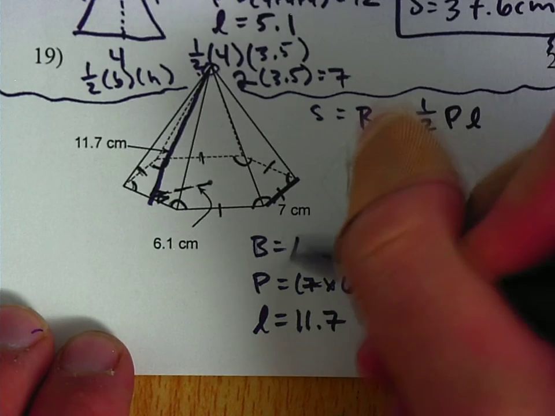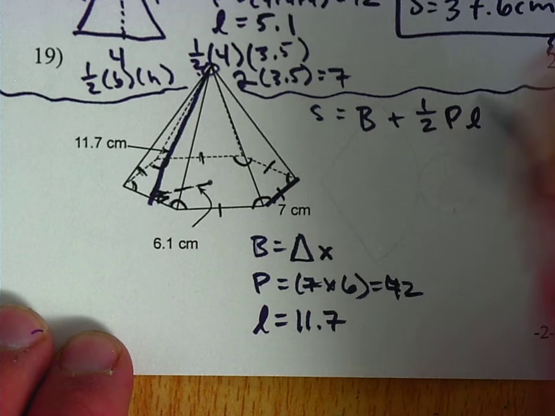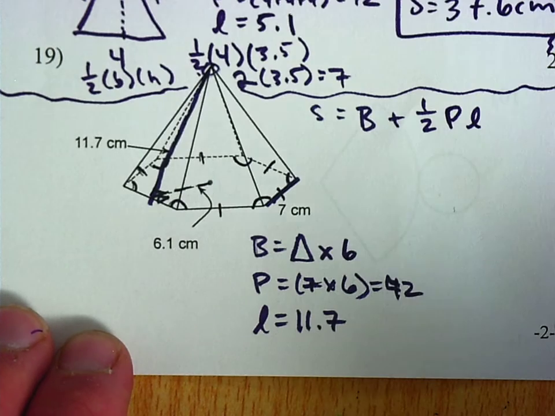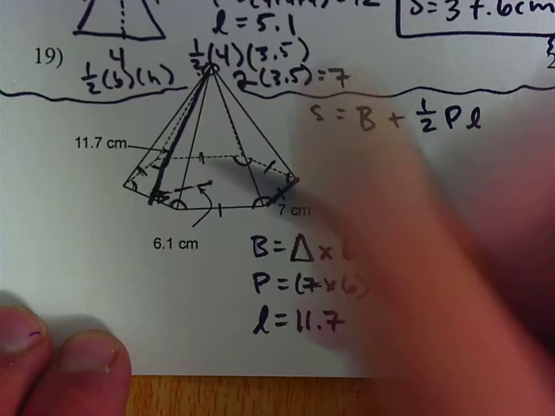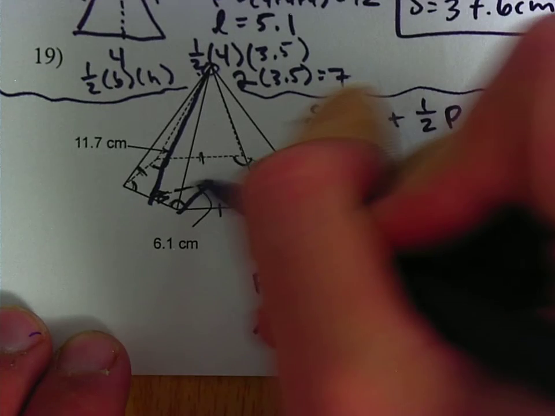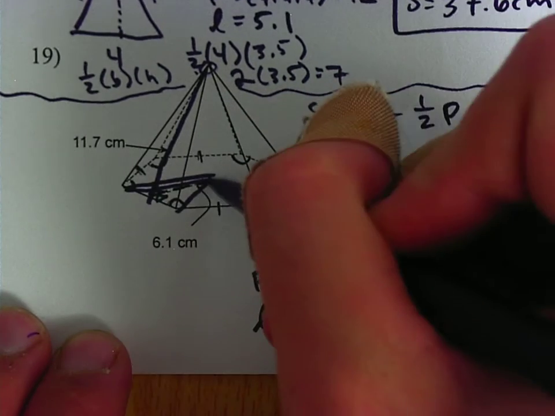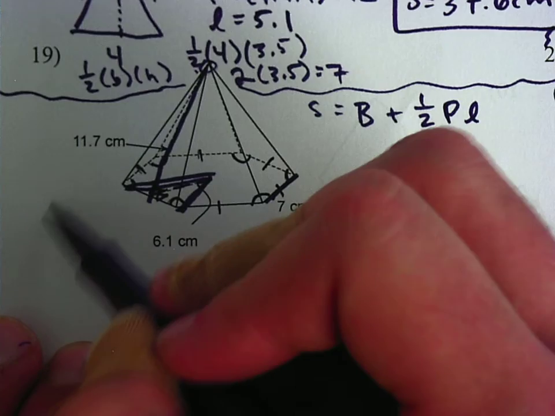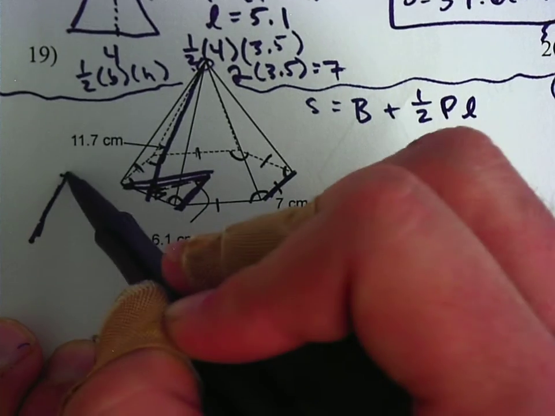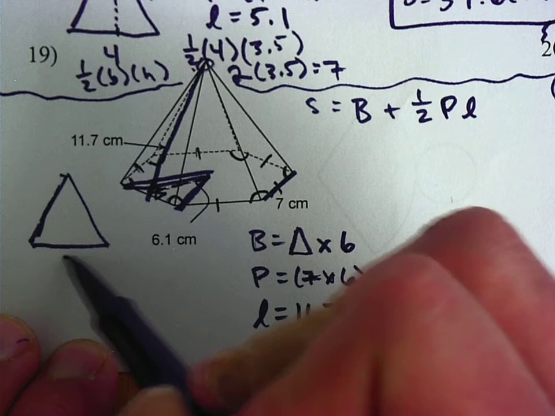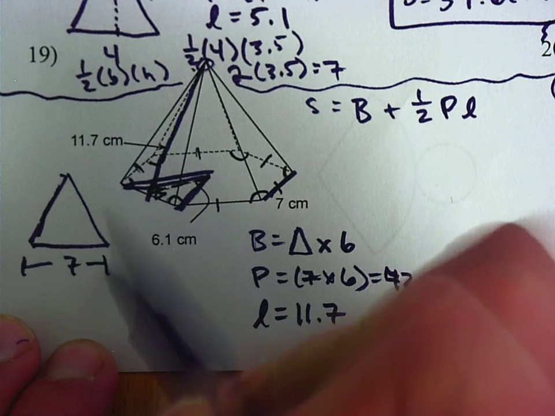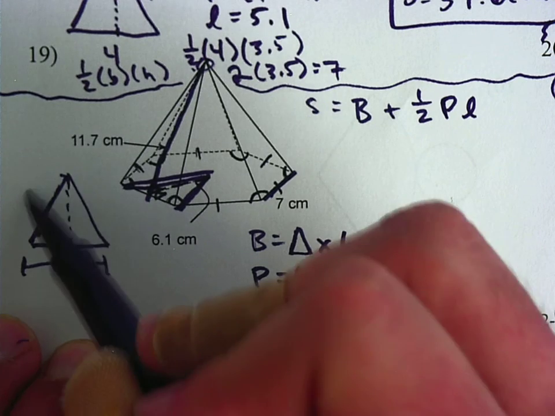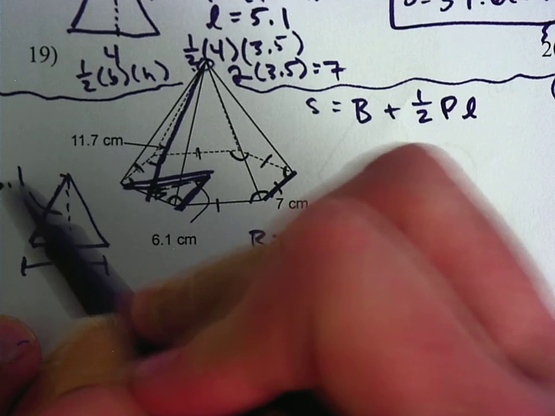And then last but not least, we need to find the base. That's going to be one of these triangles times 6 because of the 6 sides. So here's the triangle we're talking about. I drew it in there, and I'm going to redraw it out here too. This very same triangle has a base of 7, and they tell us the height again, which is really convenient, so make sure that you don't miss that.